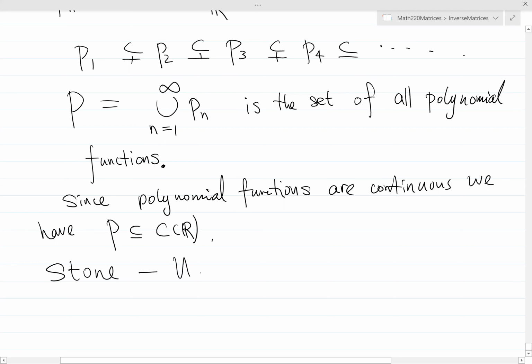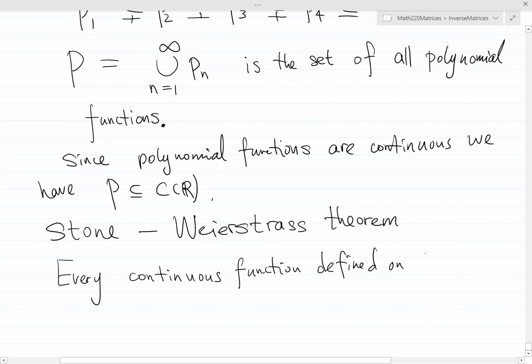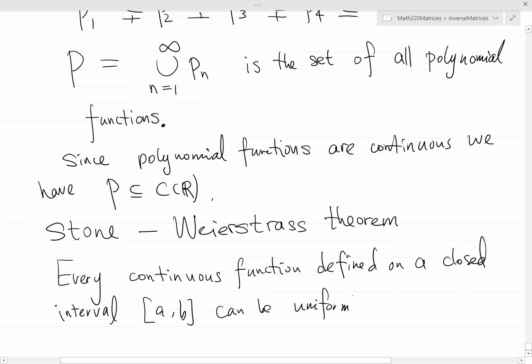If you do study analysis, you will have a chance to study this theorem in detail. The Weierstrass theorem says every continuous function defined on a bounded closed interval, a to b, can be uniformly approximated.